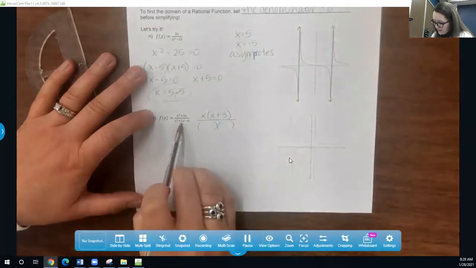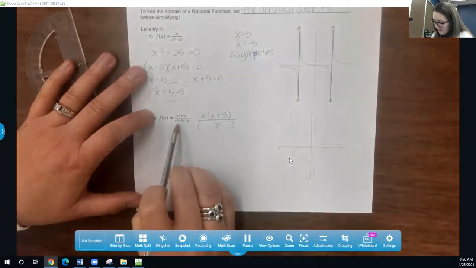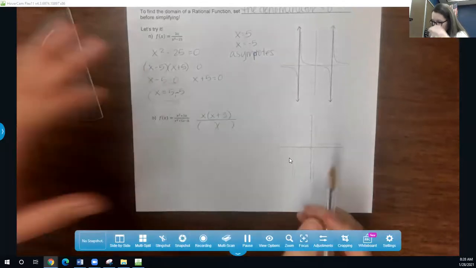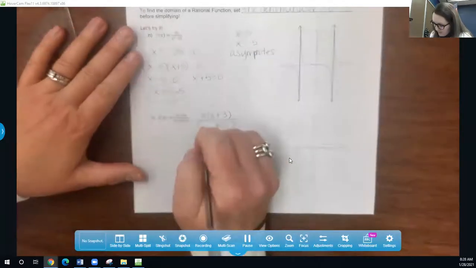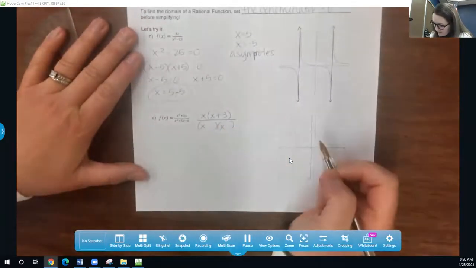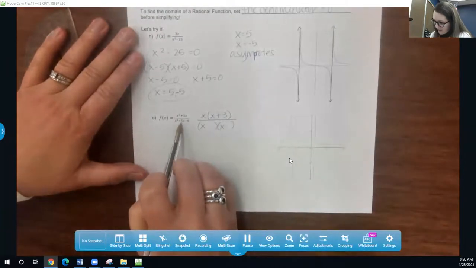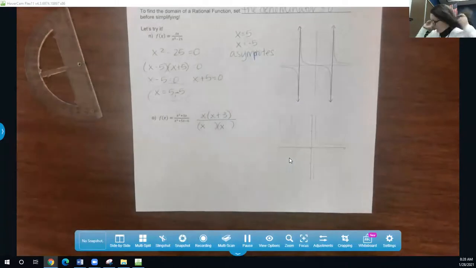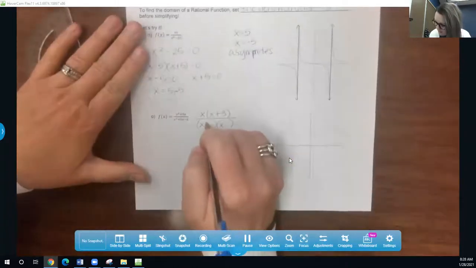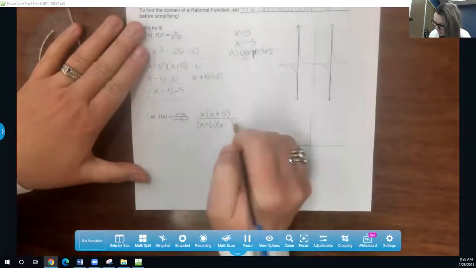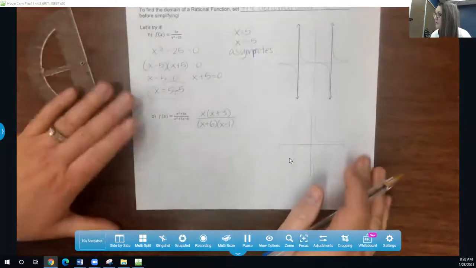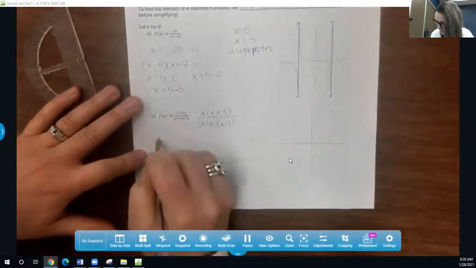And then I have x squared plus 5x minus 6. So x and x multiplies to get negative 6, adds to get positive 5. So one's going to be negative, one's going to be positive. That gives x plus 6 and x minus 1, and we're going to do the same thing and find out what our asymptotes are.